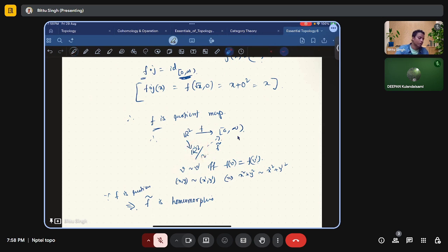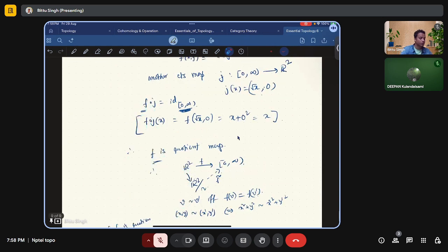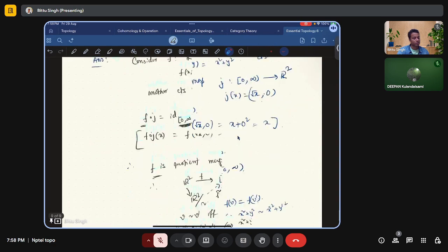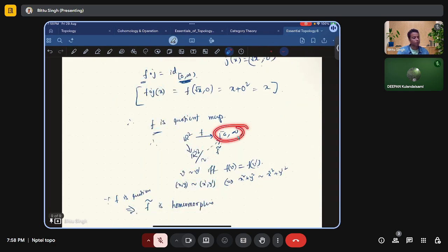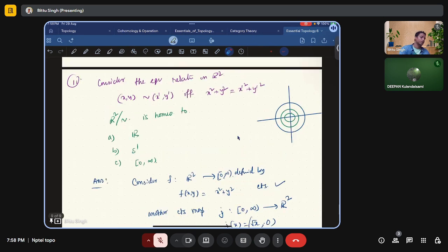And the induced map becomes a homeomorphism since we have chosen a quotient map here. Therefore, it is clear that R2 modulo the given relation is a quotient, and this is homeomorphic to closed 0, open infinity.